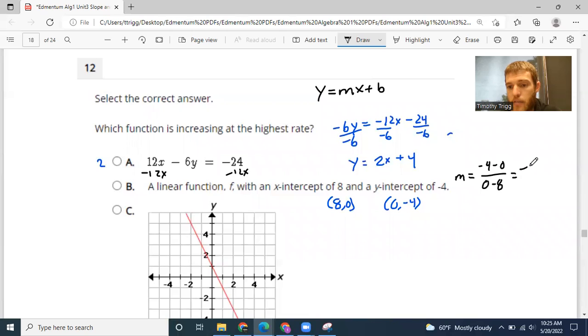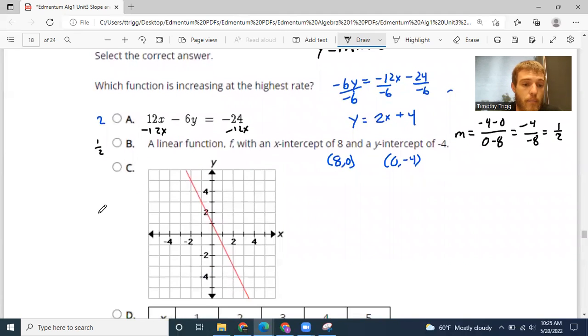So that gives us negative 4 over negative 8. A negative over a negative is positive, and this reduces to 1/2 because 4 is half of 8. So this one has a slope of 1/2. This one's not as steep as A. A is the steepest so far.